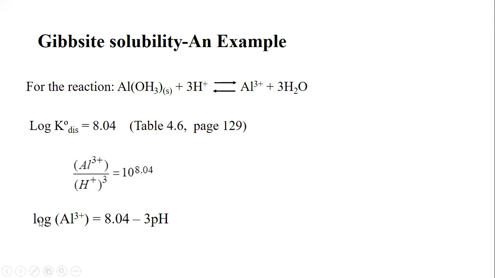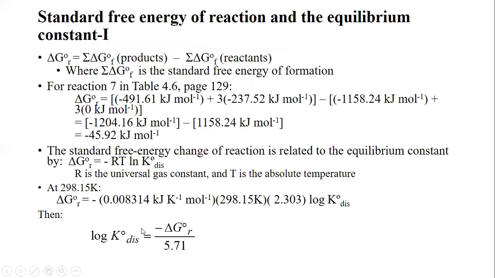So the equation will be log of Al3+ equals 8.04 minus 3 pH. The pH comes from the hydrogen concentration, so minus 3 pH. I'll discuss this and we will go back to that equation, how we construct the equilibrium.